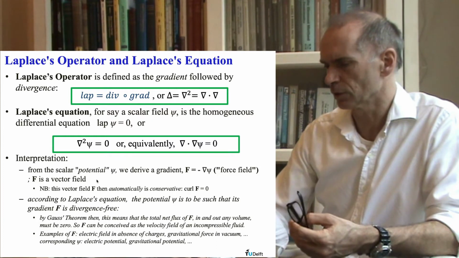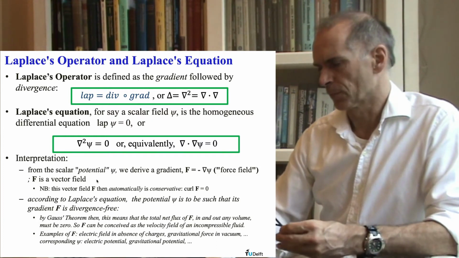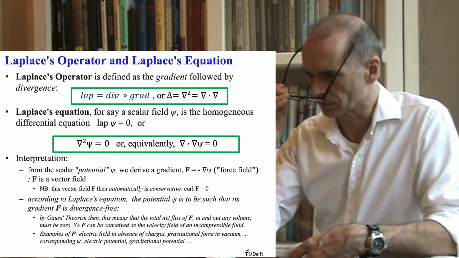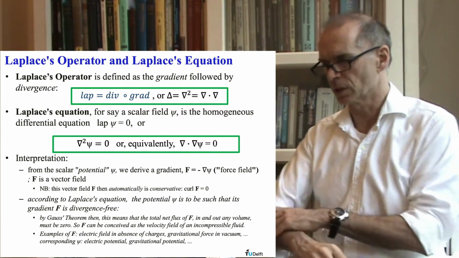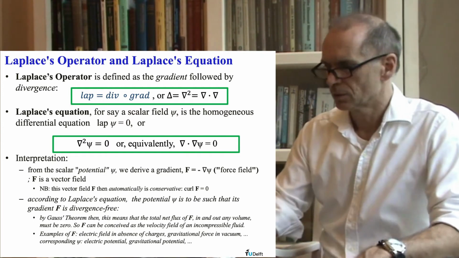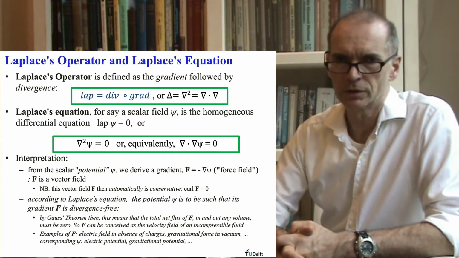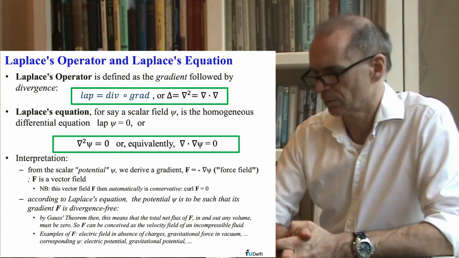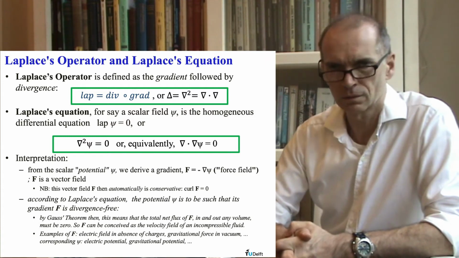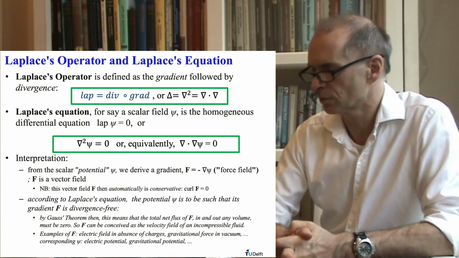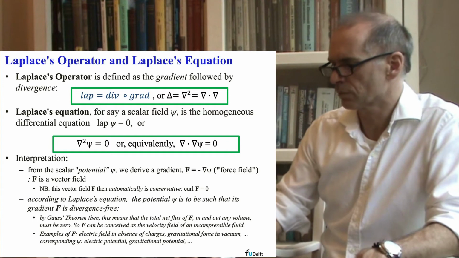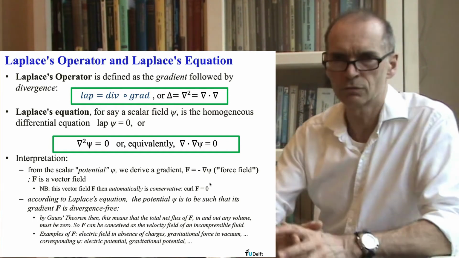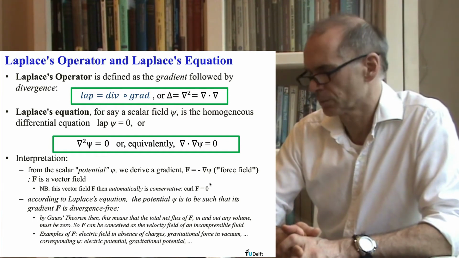F being a vector field. And there's a note here that as it was defined in the calculus course, such fields that can be written as a gradient of some potential are called conservative, and you can easily prove or derive that if a field is a gradient field, then its curl is zero.